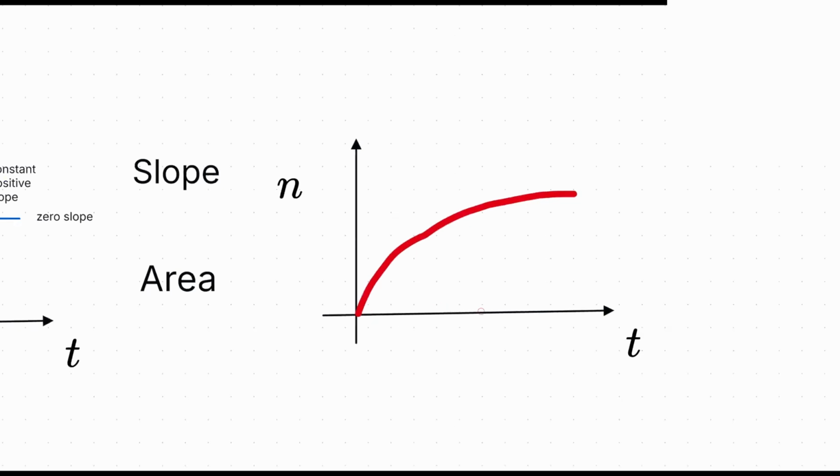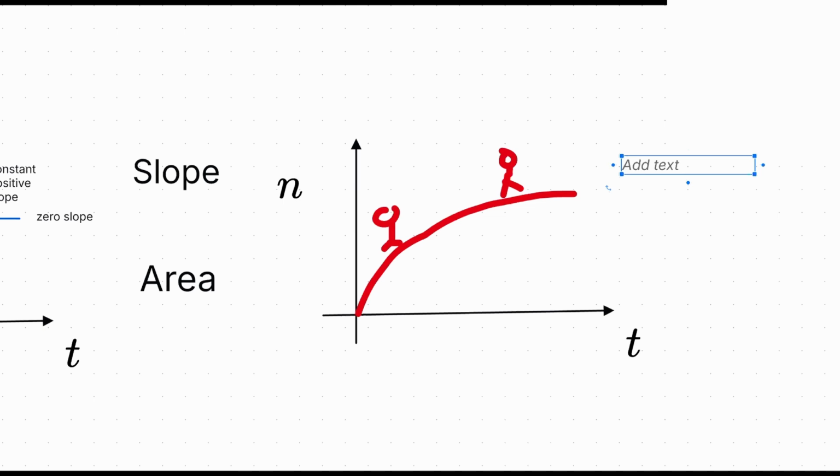What can we say? If we compare a person here and a person here, we can say that the person on the right is on a flatter surface. So here the slope is decreasing. That's the trend. What else?